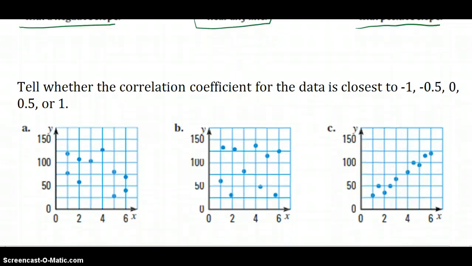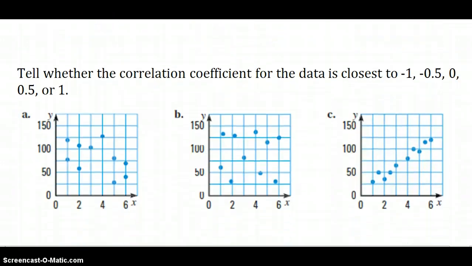So I want to do a couple examples to kind of put these in perspective for you. Tell whether the correlation coefficient for the data is closest to -1, -0.5, 0, 0.5, or 1. So we're looking at a scale from -1 to 1. We're supposed to tell where the correlation coefficient is closest. Let's start with C because C is the easiest one.